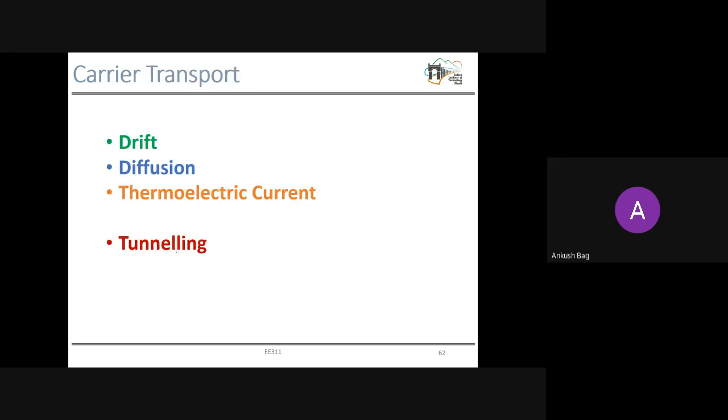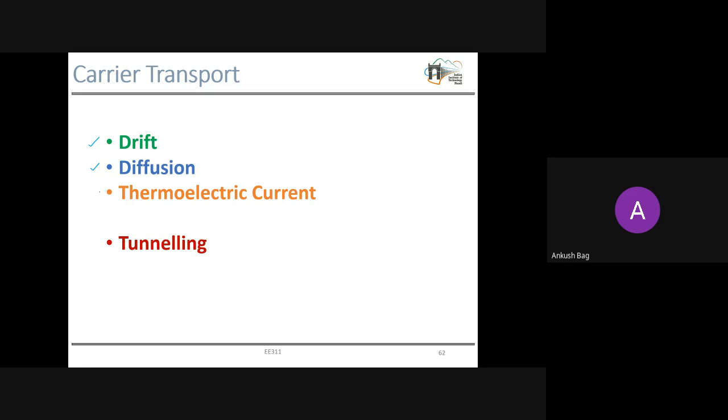Now, if we broadly categorize carrier transport in a semiconductor, we'll see these types. One is drift. There could also be diffusion of carriers, which also gives us current.